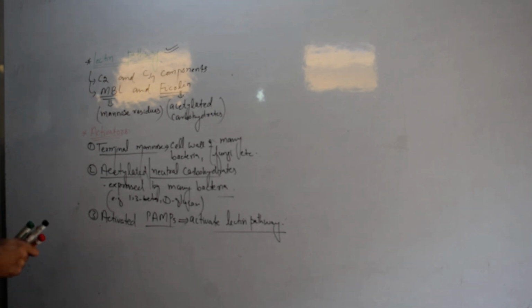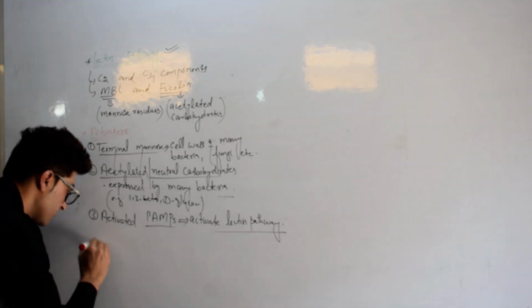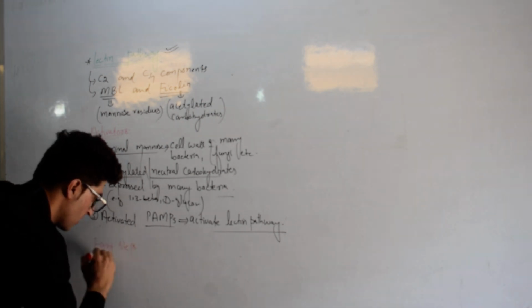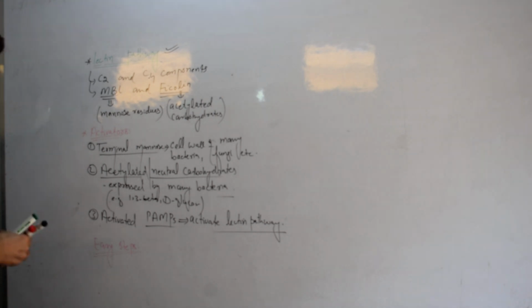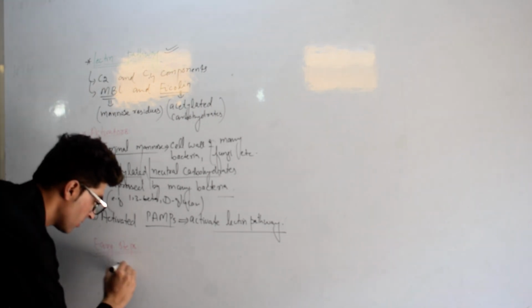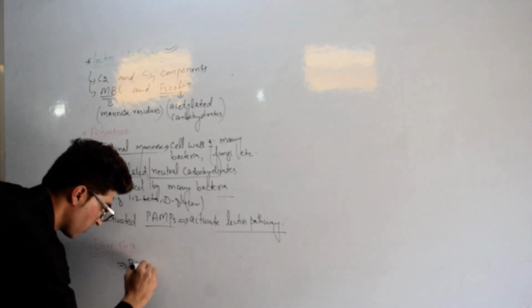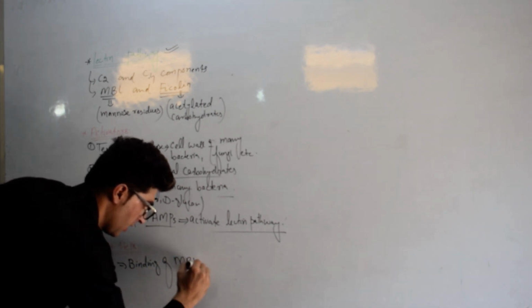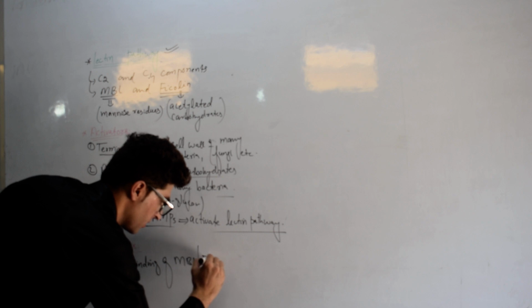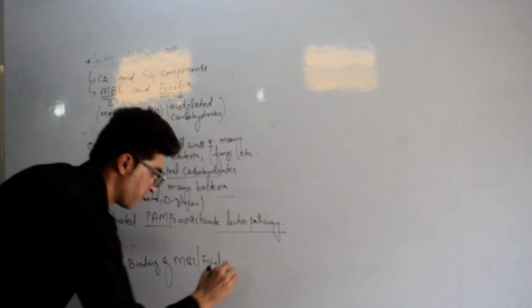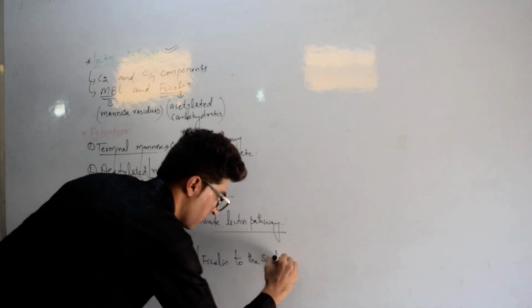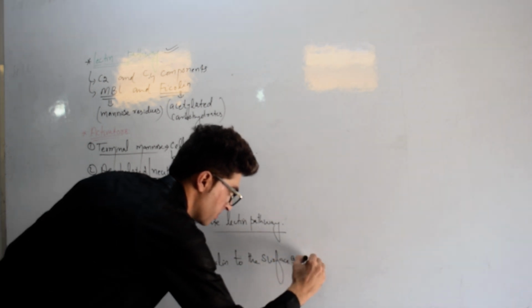Now the steps involved in the lectin pathway. The first step is binding of MBL or ficolin to the surface of the pathogen.